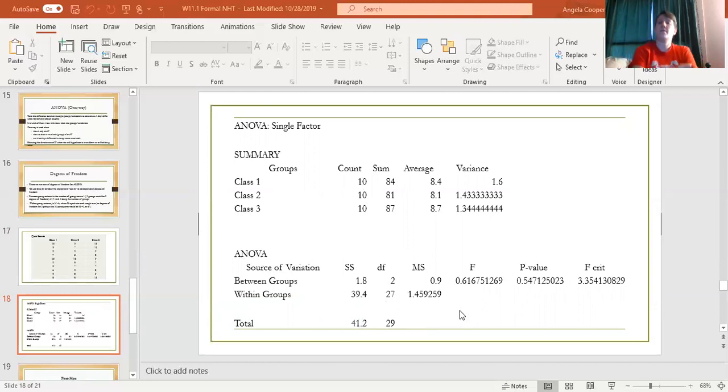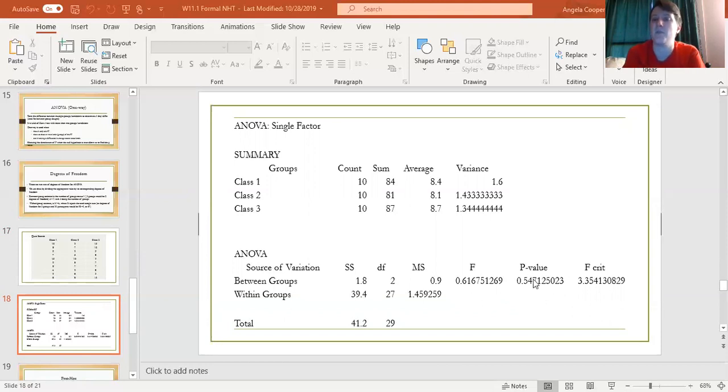So I'm going to focus more so on the F, the P, and the F critical. Our P value, first off, is 0.55 if we round it to 2 decimal places. So we know off the bat, if our alpha, our significance, was set at, let's say, 5%, at 0.05, then with this we would retain the null hypothesis.